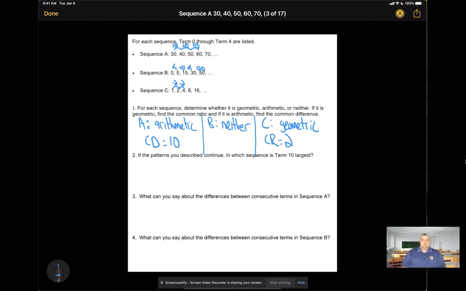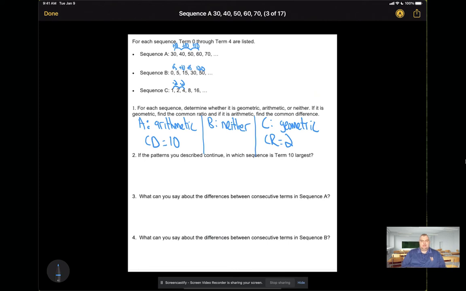Number 2, if the patterns you described continue, in which sequence is term 10 the largest? Now, there's a couple ways we can do this. We could legitimately go through and find each of the terms of the sequence and figure out which one has a larger term 10, but that might take a while.